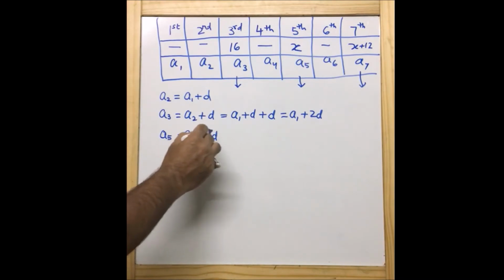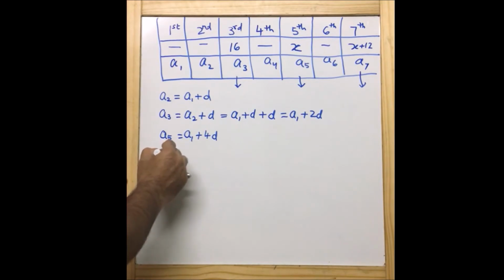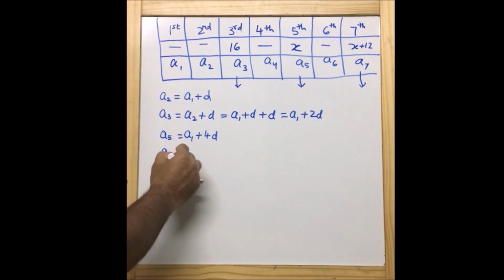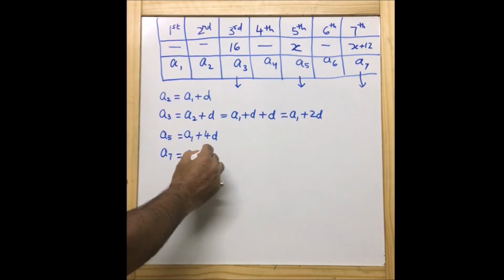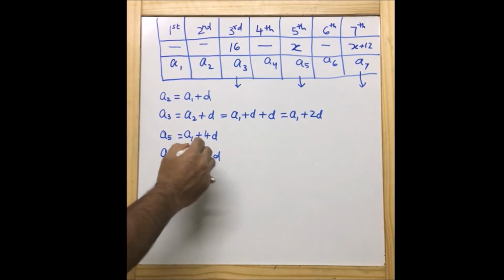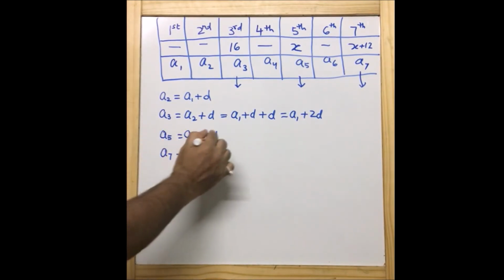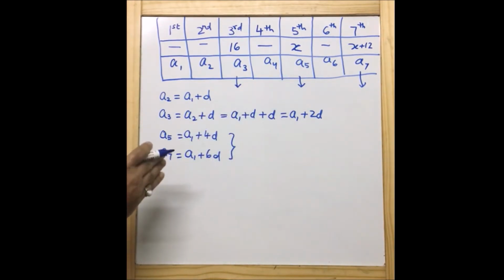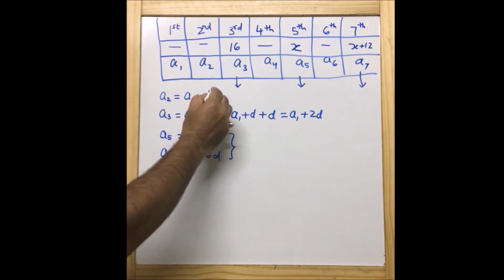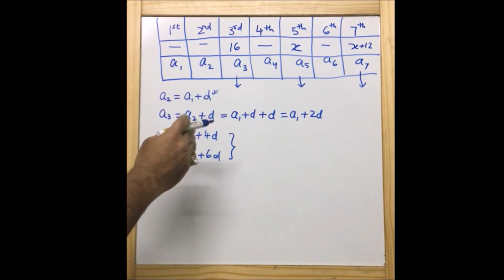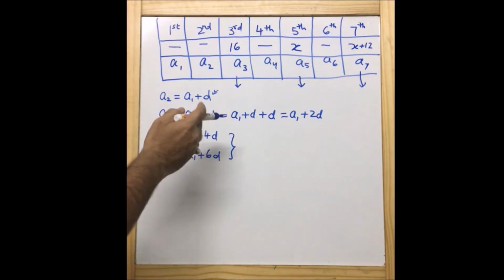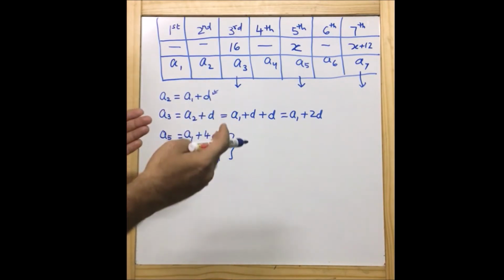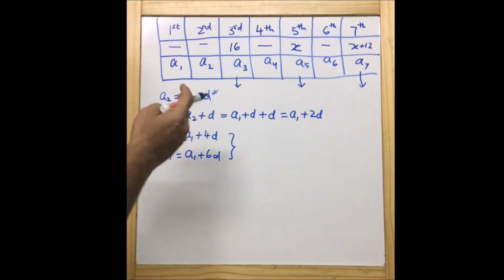Similarly, for A7 we get A1 plus 6D. Now let us move ahead with these two, because we have some data for them. Our main motto is to find the value of D. Once we find the value of D, we then need to find the value of A1.